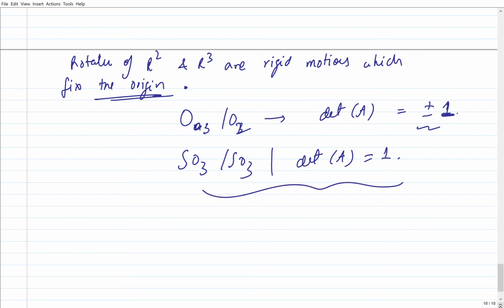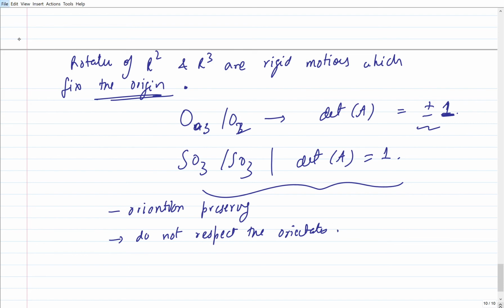Well, we'll see that when you describe rigid motions, they can be either orientation preserving or they do not respect the orientation. Rotations preserve the orientation.